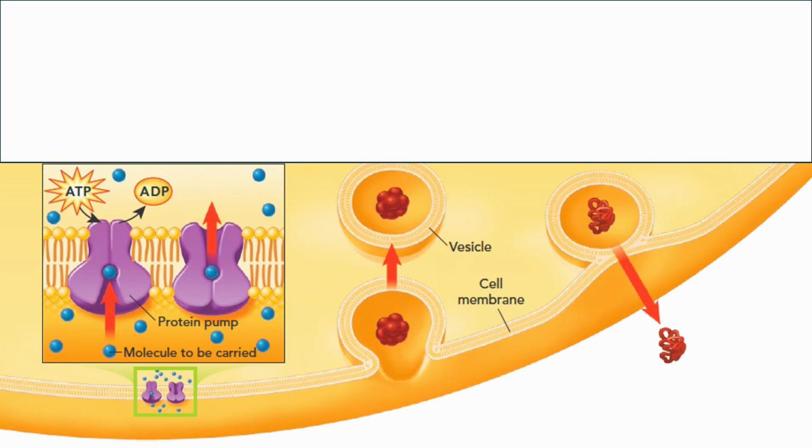Now, we have three main types of active transport. The first one we have here is a protein pump. With the protein pump, you can see how ATP, the energy molecule there, is needed to change the shape of the protein. So the energy of ATP is used to pump small molecules and ions across the cell membrane.